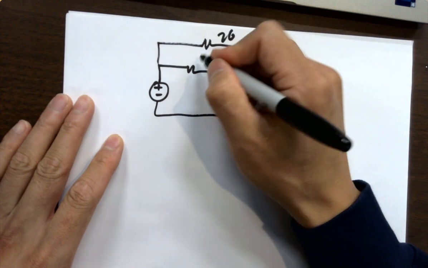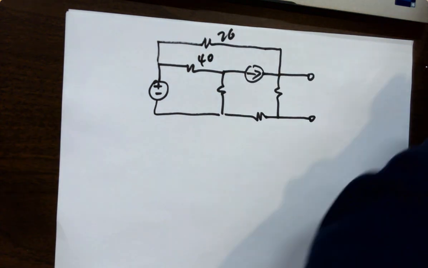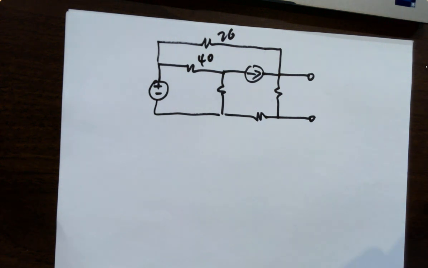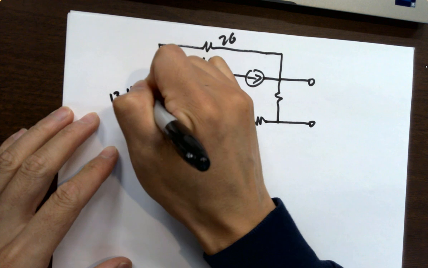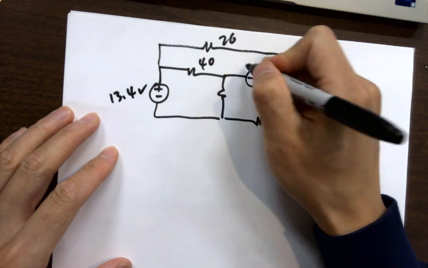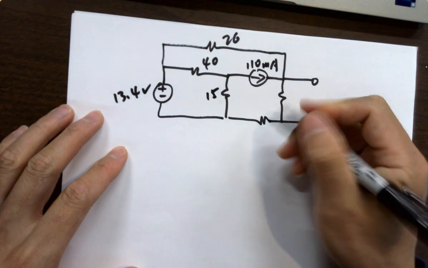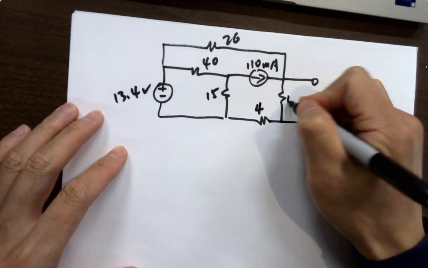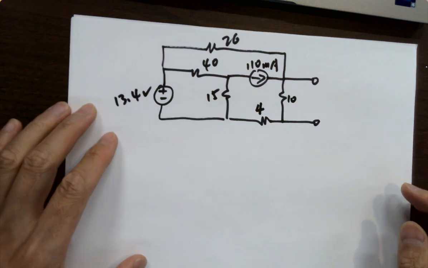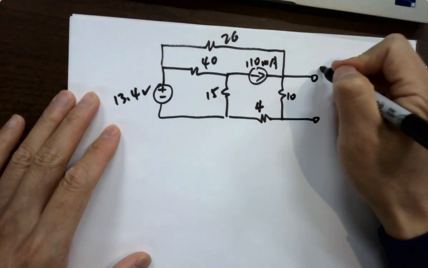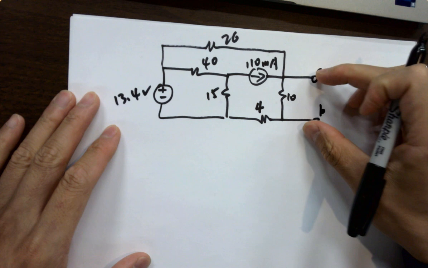26, 40, 13.4, and this is 110 milliamps, 15, 4, 10 ohms. That's the entire circuit. The load is already removed from the output terminal, so there's no load.